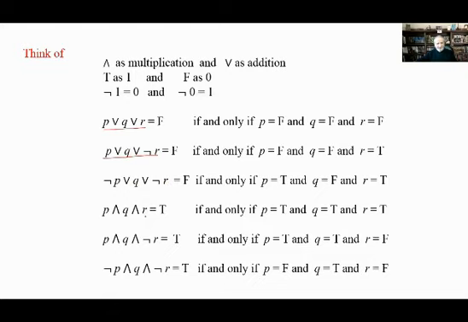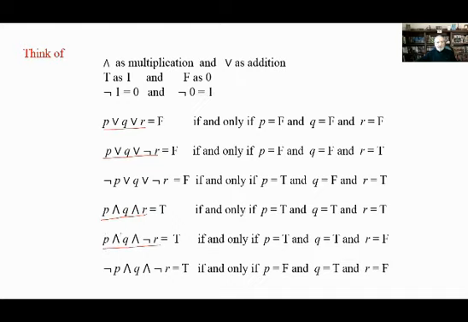Look at this now. When is this going to be true? If P is true, Q is true, and R is true, then you get true. You have to have 1 times 1 times 1 to get 1. If one of them is 0, you get 0. So this is true if P is true, Q is true, and R is true. Look at this here. When is it true?